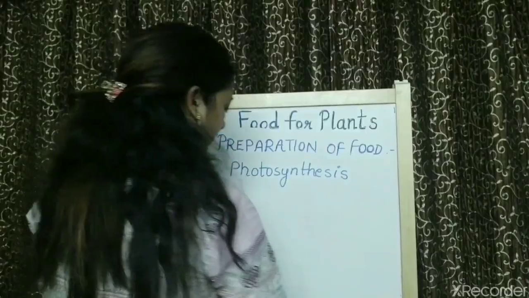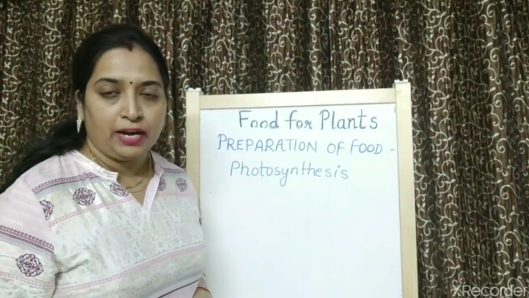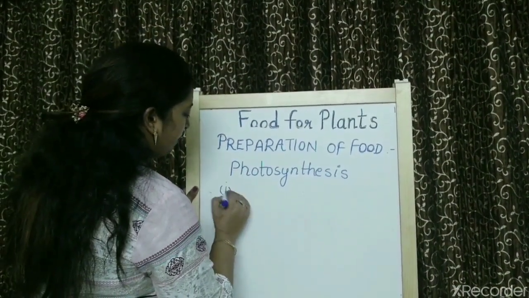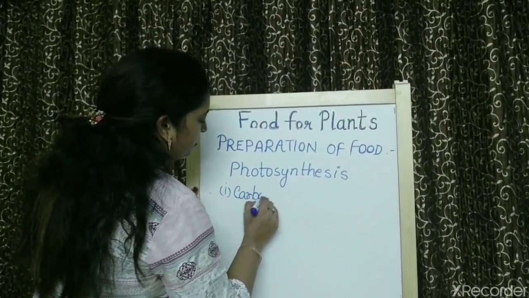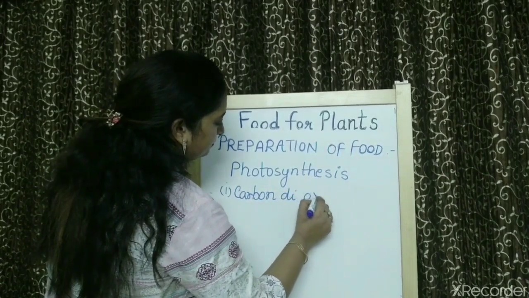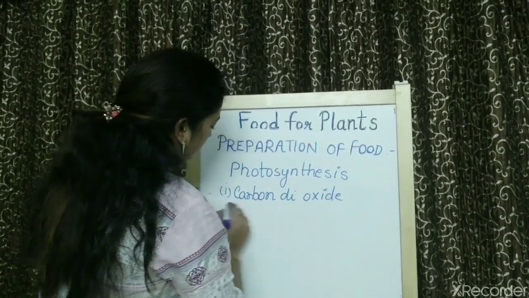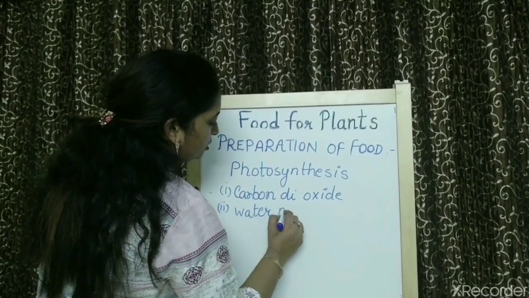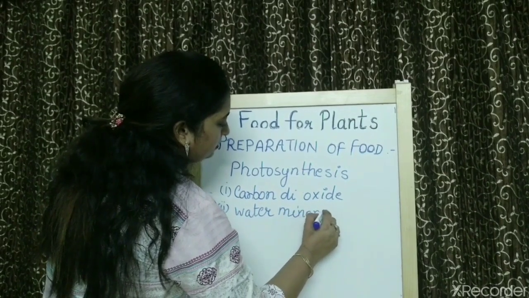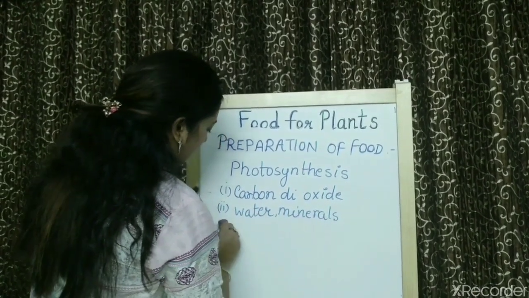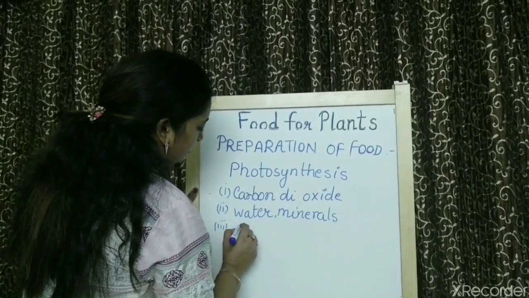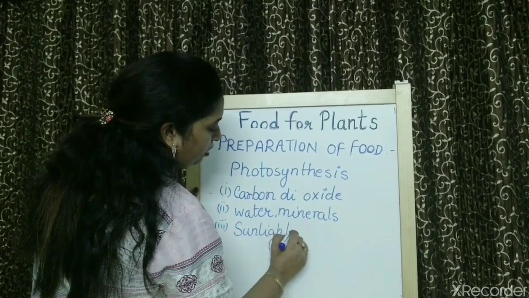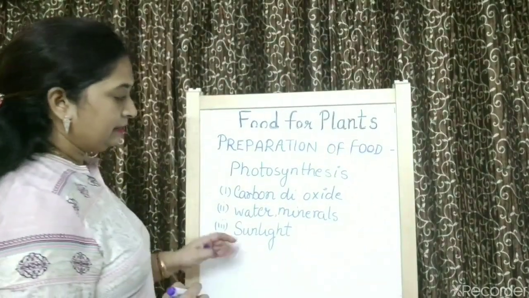I'm going to write on the board. See, what things are required for the process of photosynthesis? Children, first raw material is carbon dioxide. Second thing is water and minerals. Then next one is sunlight.